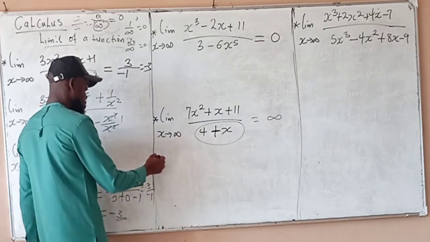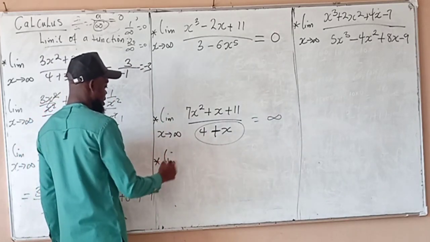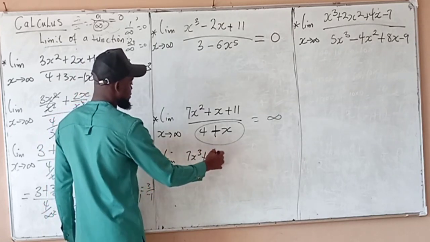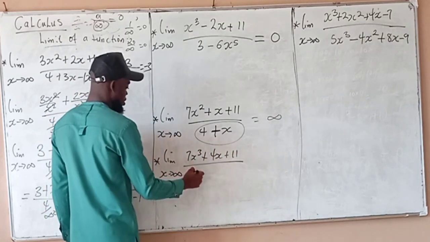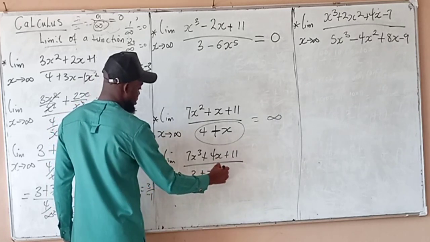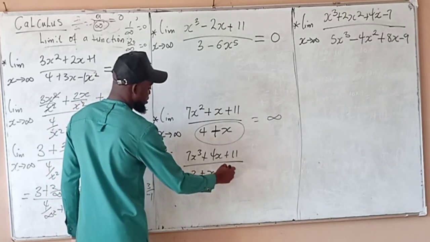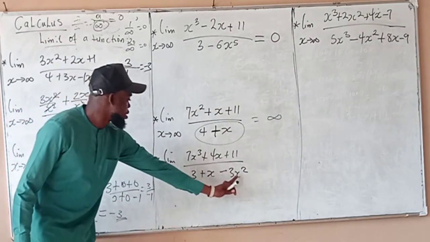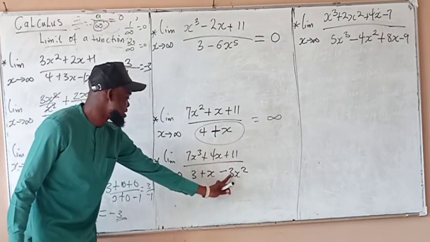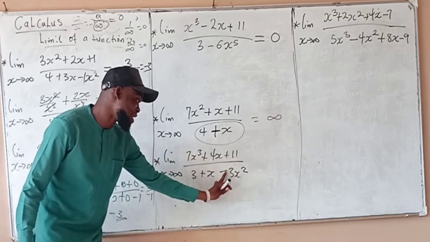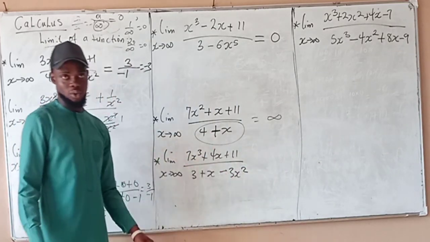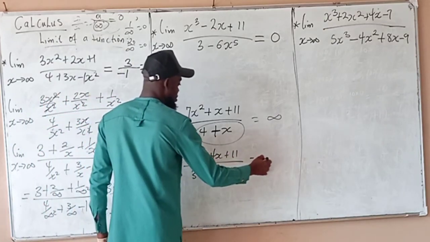Let me write that down: the limit as s approaches infinity of 7s cubed plus 4s plus 11 all over 3 plus s minus 3s squared. The highest power of s in the denominator is s squared with a negative sign, but the numerator is higher than the denominator. So the answer to this one will be minus infinity.